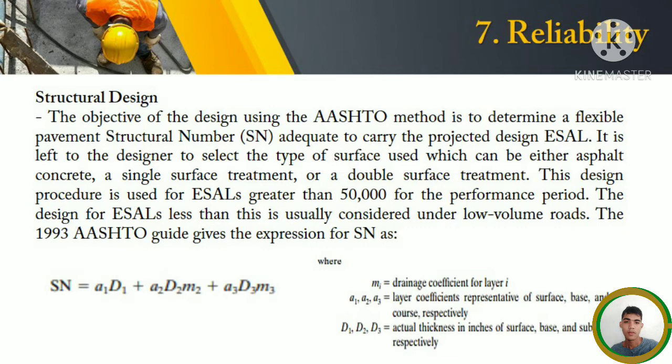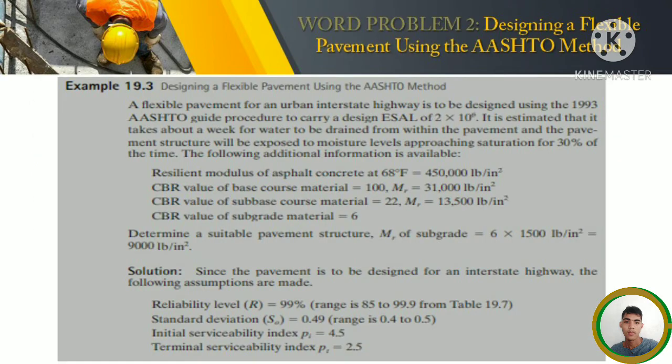The d sub 1, d sub 2, and d sub 3 are just the actual thickness in inches of surface, base, and sub-base courses respectively.